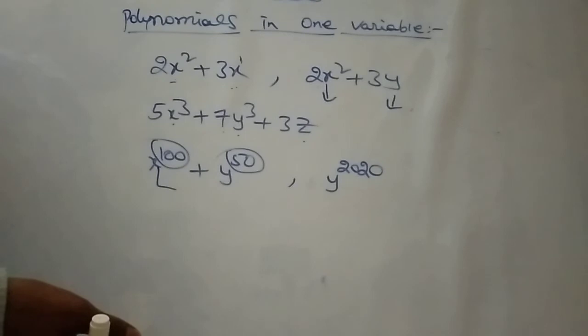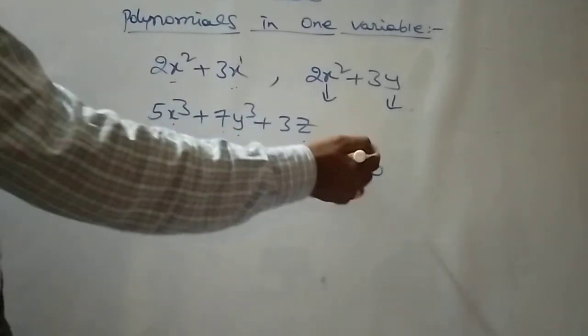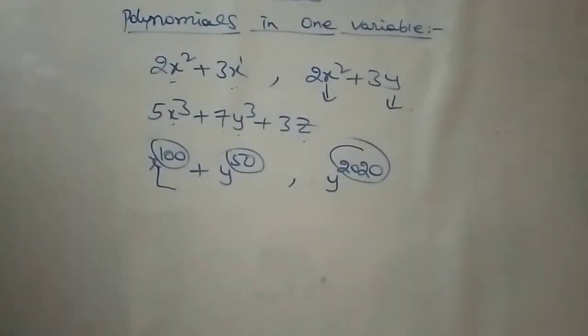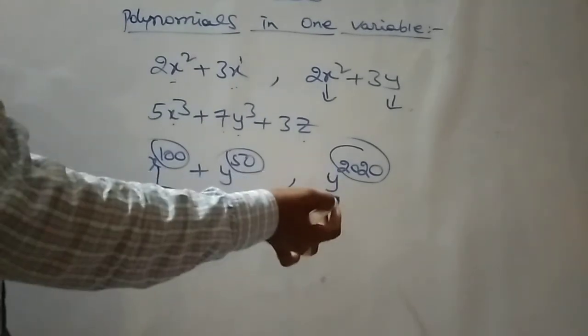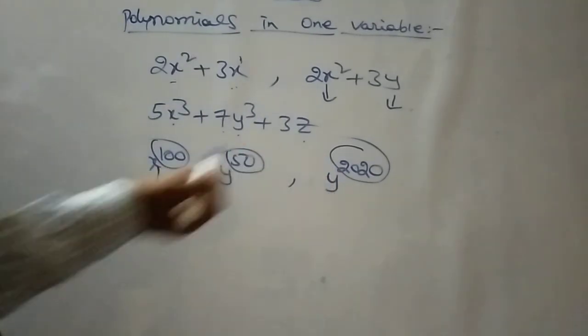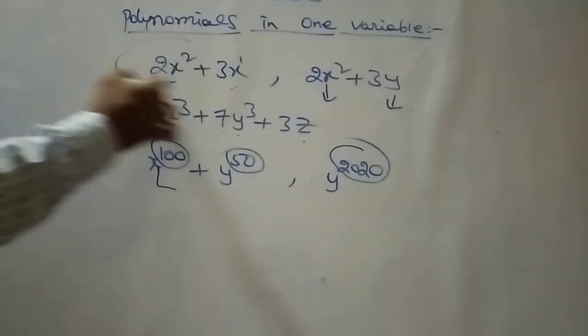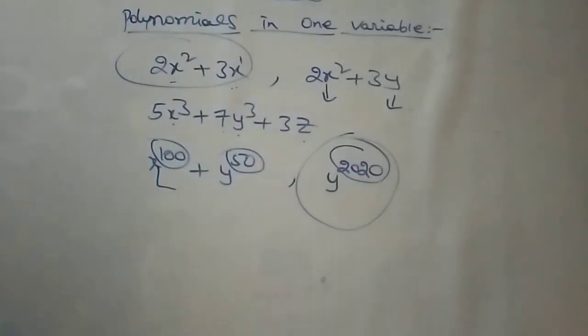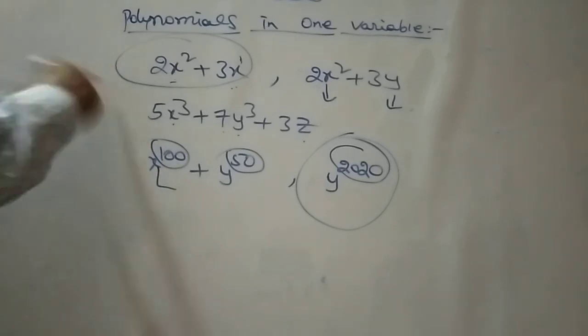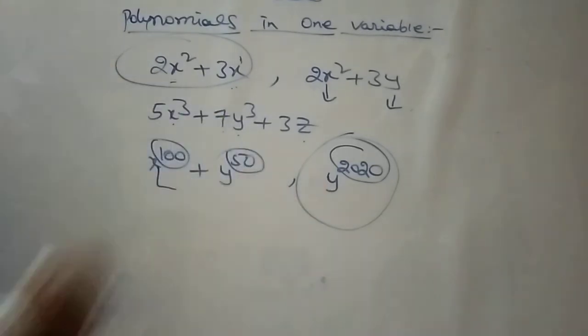Here the exponent is non-negative only, but how many variables? Only one variable. Which ones are polynomials in one variable? Only the first one and the last one. Try to write some examples in your notebooks and practice. Okay, polynomials in one variable.